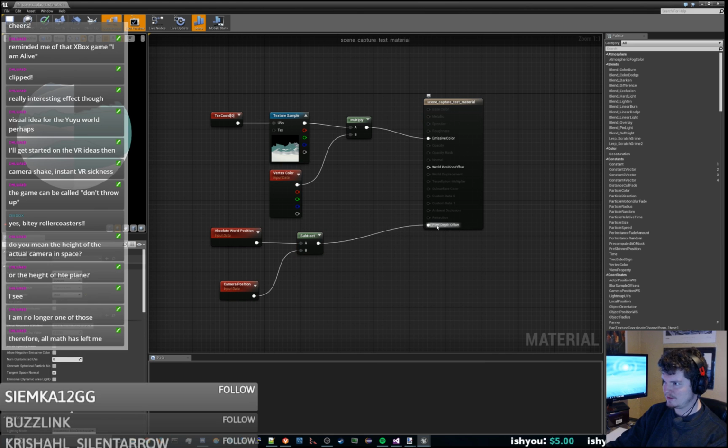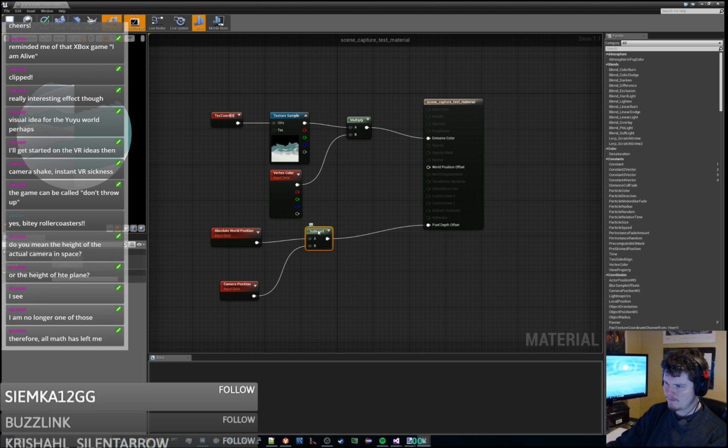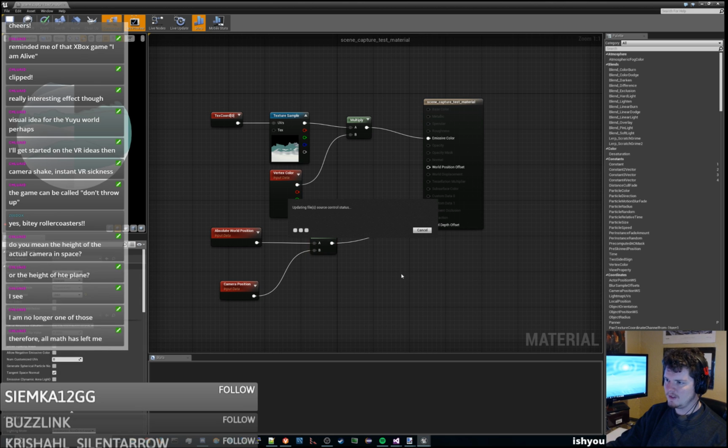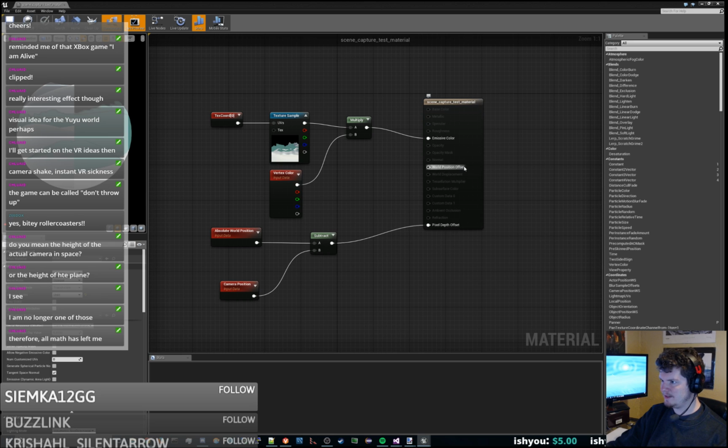What is this offset? I wish it would tell me the type of pixel depth offset, so I can know what it is.